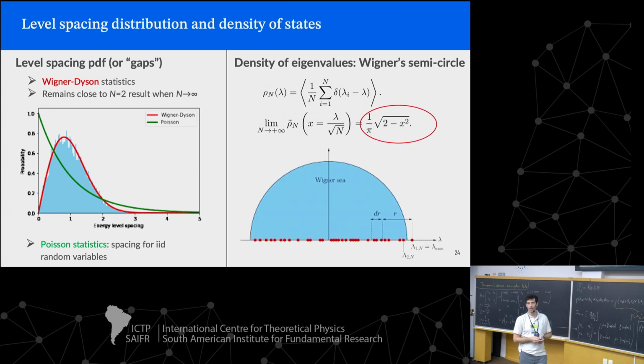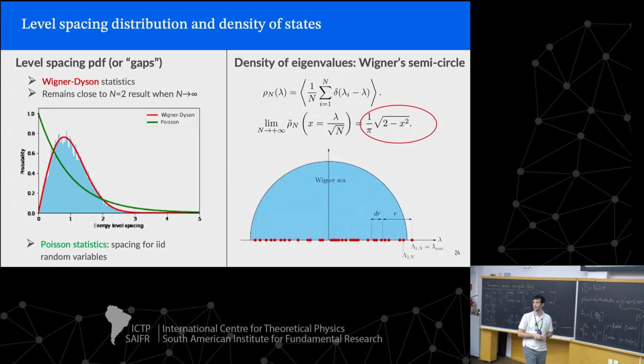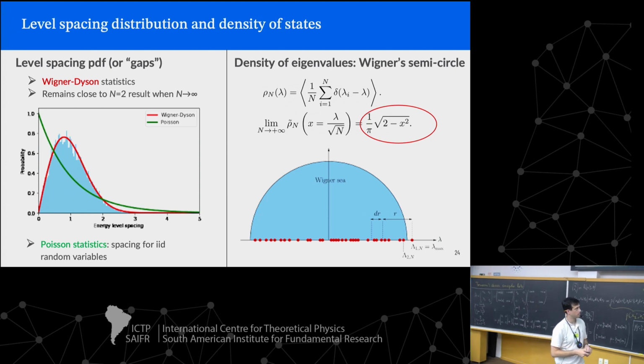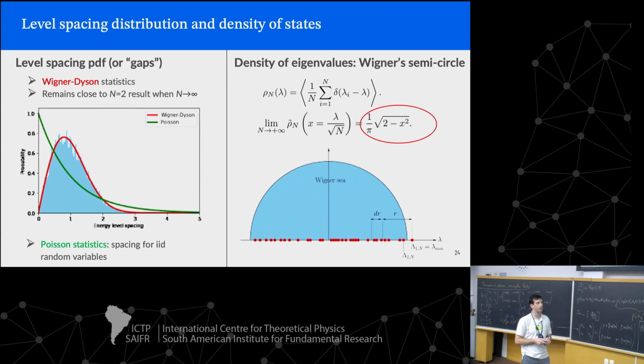Well, for large n, this converges to a circle. It's called the Wigner semicircle, and it's a very unique result in its way. You won't see a distribution which looks like this very often. And so the picture you have in mind is that this axis are the eigenvalues, and they are all distributed on this line, and the weights are described by this Wigner semicircle.